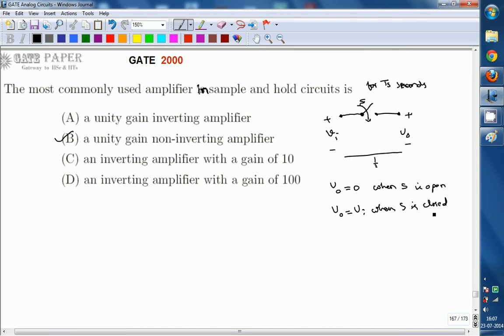The closing of the switch is only for a fraction of time, so that you take the sample at that instant, and with the help of those samples you should be able to reconstruct the actual input signal without distortion.